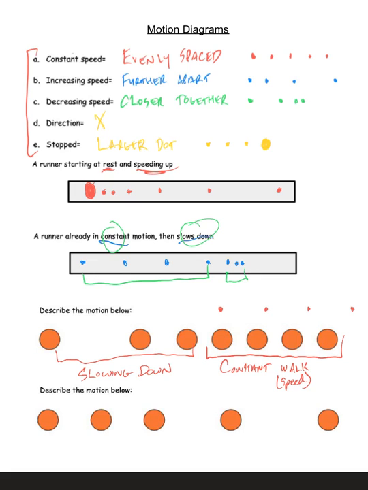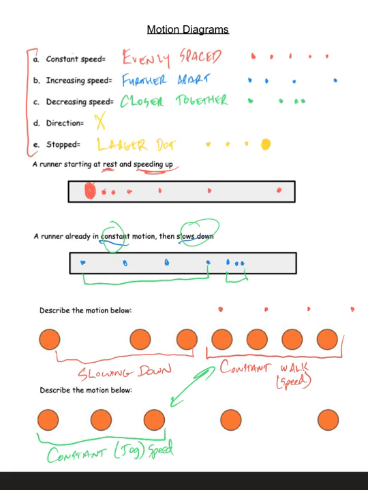Now let's do this last one. It says describe the motion below. And we have this first set of 3 dots, and they are evenly spaced. But if we compare those two, they are both constant speed because they're both evenly spaced, except the ones below in green are further apart. So I'm going to say constant speed again, but maybe this would be a jog, because those are further apart than the one we did right above.